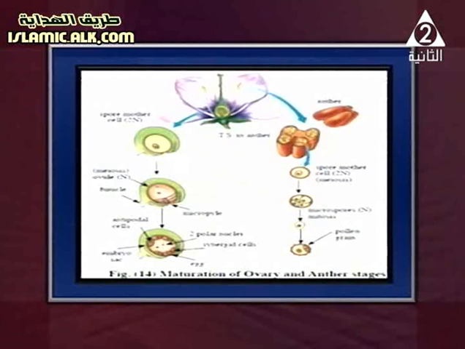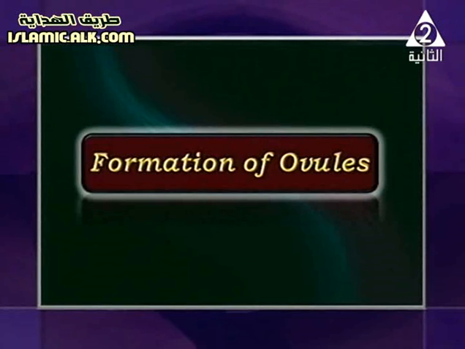While on the other side we have the maturation of the female reproductive organ, the formation of ovules or female gametes in the plants.